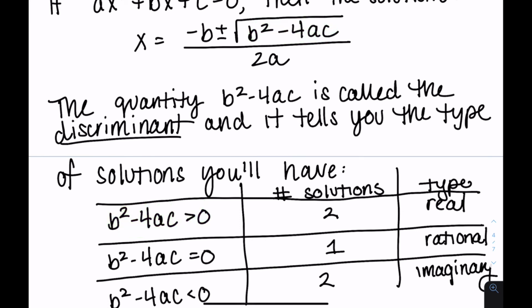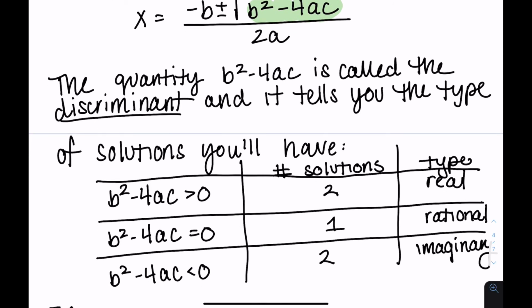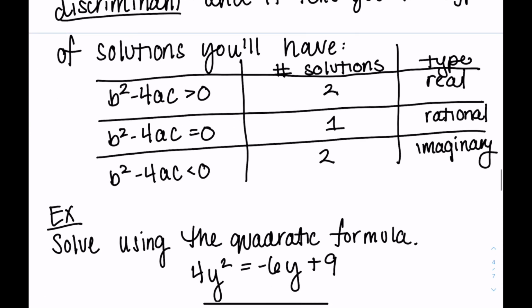In the case that this is exactly equal to 0, then this whole thing is going to be gone and I really only get 1 solution and it's going to be a nice rational number. In the case that this is less than 0, we're going to be taking the square root of a negative number, so we're going to end up with imaginary solutions. So based on that discriminant value, we'll know a lot of information.